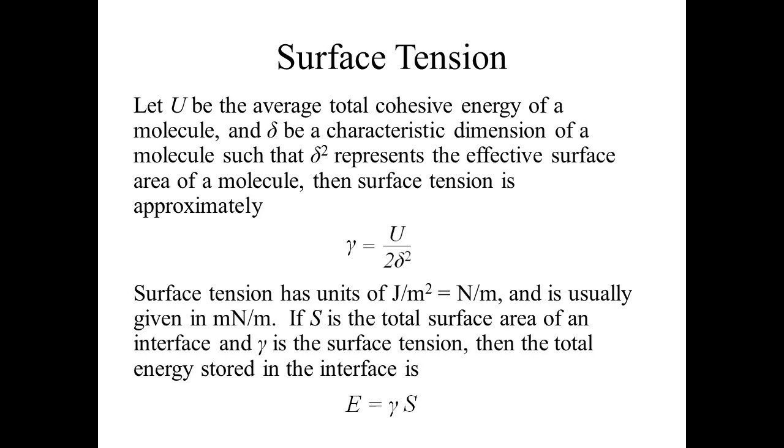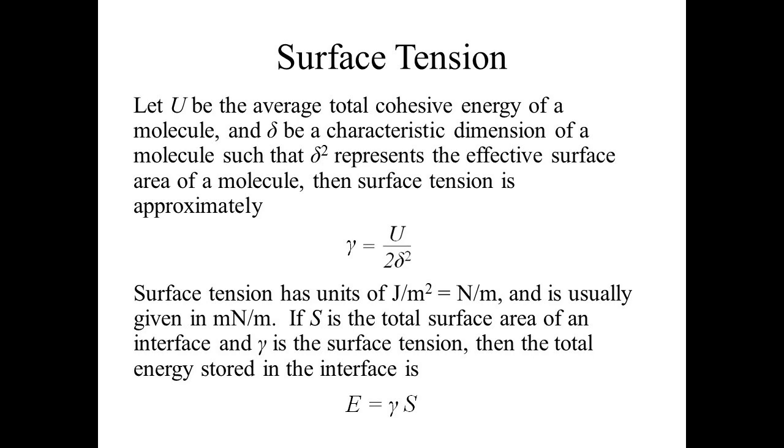Here is another equation that governs the surface tension. Let U be the average total cohesive energy of a molecule, and delta be a characteristic dimension of a molecule, such that delta squared represents the effective surface area of a molecule. Then the surface tension is approximately gamma equals U divided by 2 times delta squared. So this is how you can calculate the surface tension.